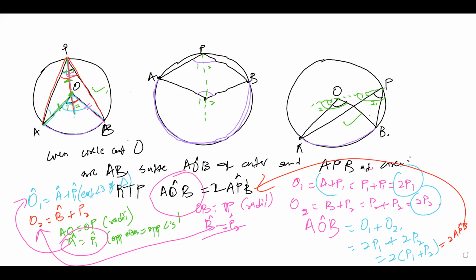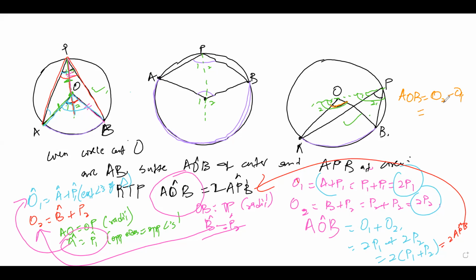So that is that. Now the same applies if you check the third sketch. What is angle AOB? You see that angle is O2 minus O1.